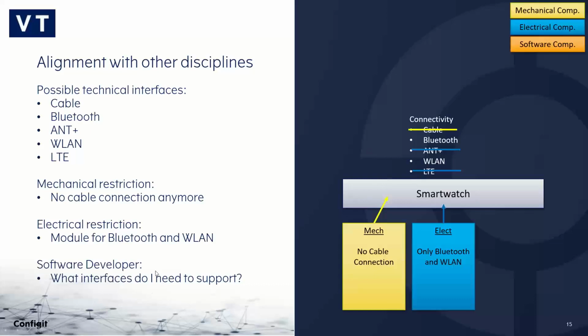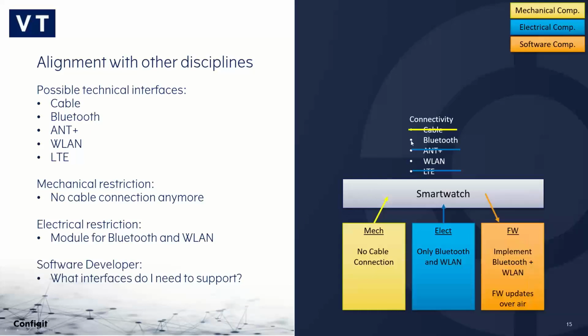And as a software developer, you maybe now would like to know what interfaces do I need to implement? What capabilities does the smartwatch offer? And you can get this information out of the product model itself by reading what combinations are still available and valid. It can be one characteristic as shown here, but it could also be a combination of several characteristics. And also the firmware team knows, okay, we no longer have a cable connection.